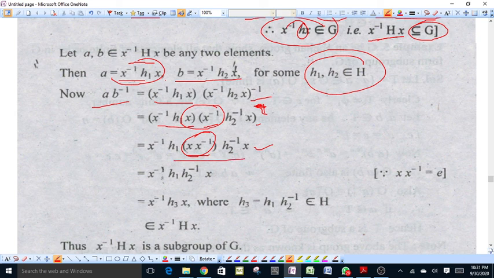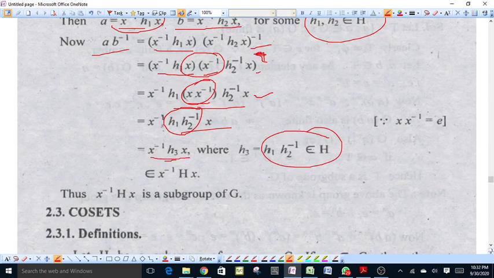This will be equal to x inverse h1 h2 inverse x. Suppose this h1 h2 inverse is equal to h3. These h1, h2 are elements of H, therefore h1 h2 inverse also belongs to capital H, and this element x inverse h3x is an element of x inverse capital Hx. This AB inverse belongs to x inverse Hx. This means x inverse Hx is a subgroup of G.